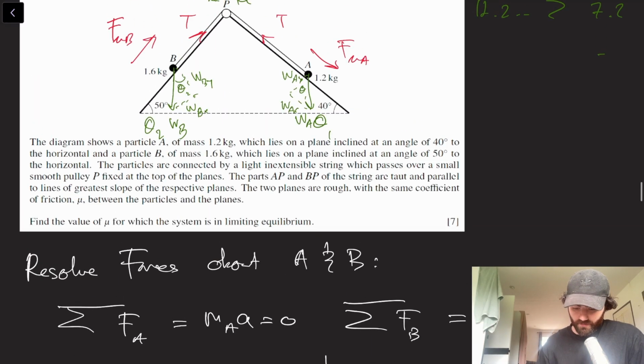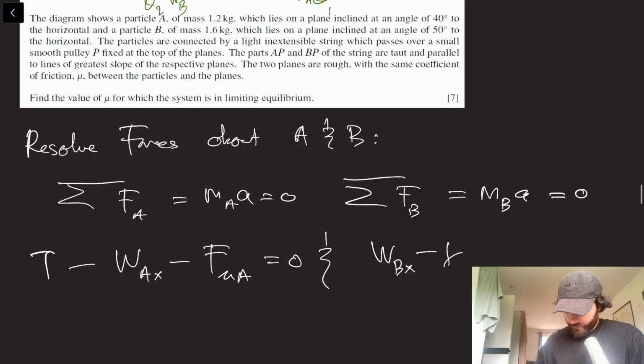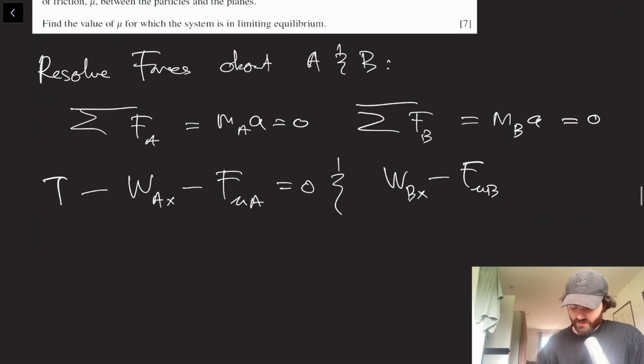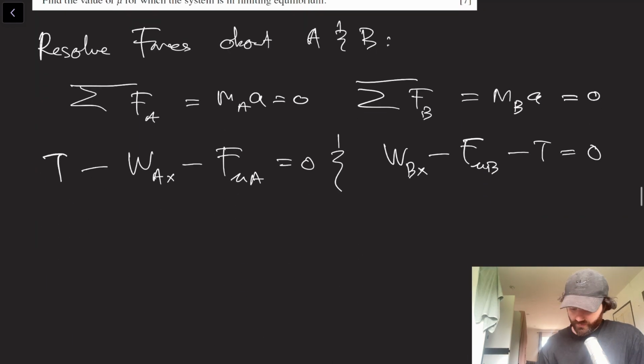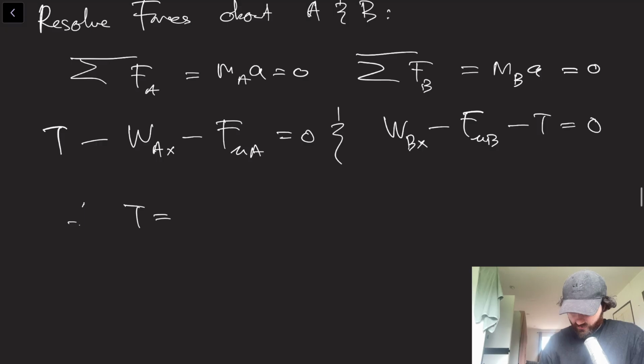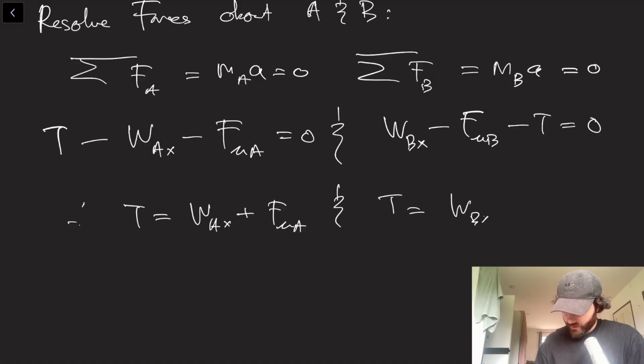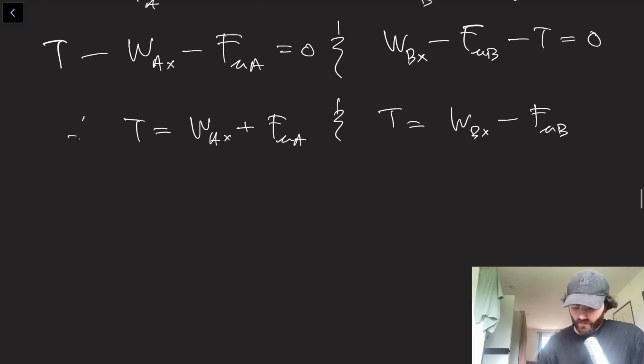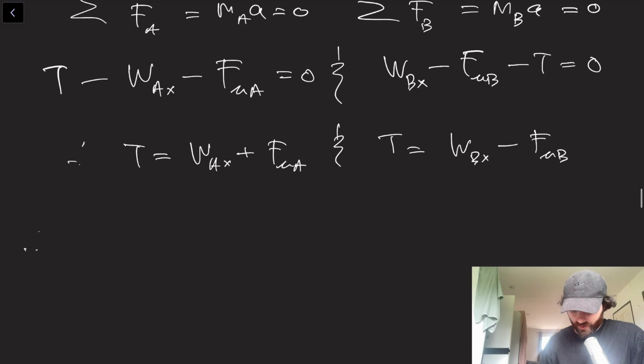in the positive direction minus F mu B acting clockwise, and the tension is acting clockwise. Okay, so therefore we can say T equals WAX plus F mu A, and here we get T equals WBX minus F mu B. Okay, and we know these things, so therefore we equate them together.